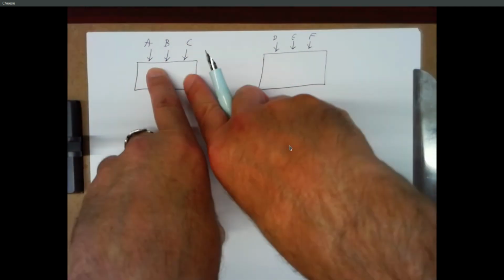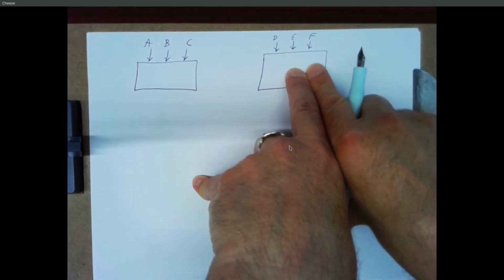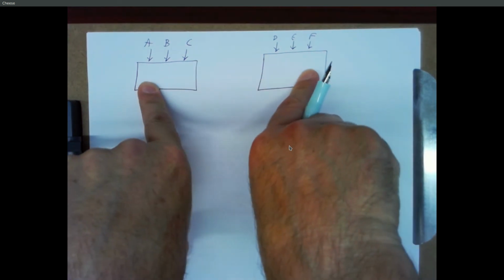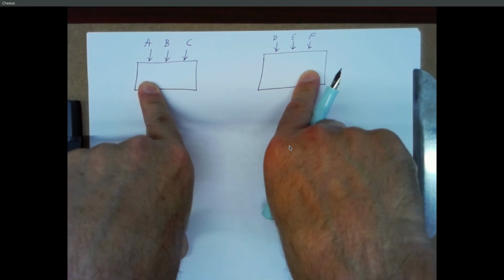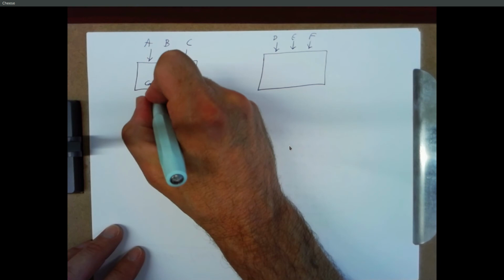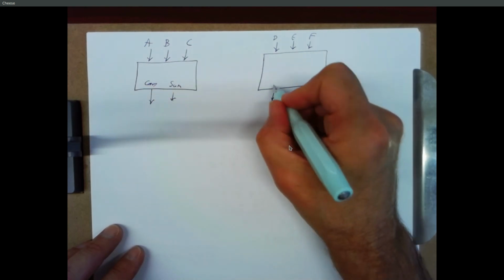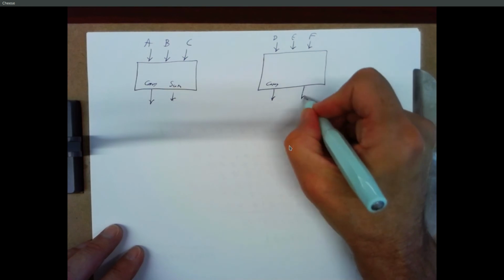All right, so this is going to add all these bits together in parallel. This is going to add all these bits together in parallel. These are going to execute at the same time, right? So at the same time, we're going to get out a carry and a sum and a carry and a sum.